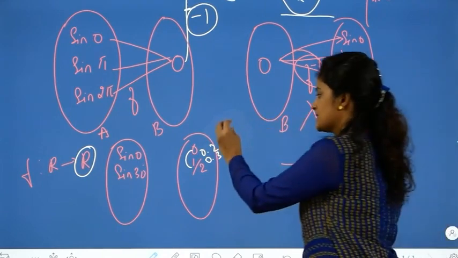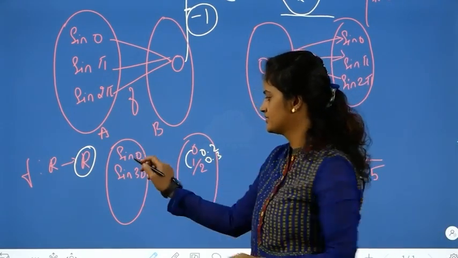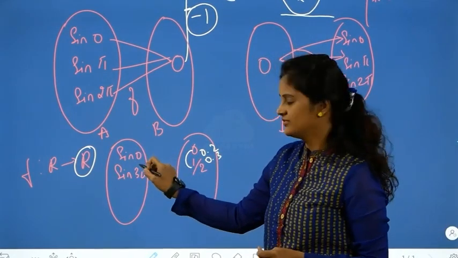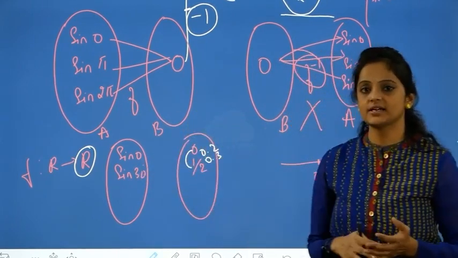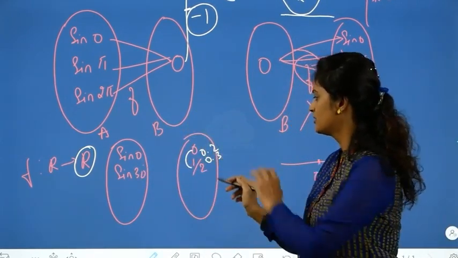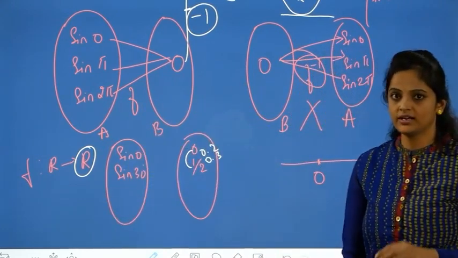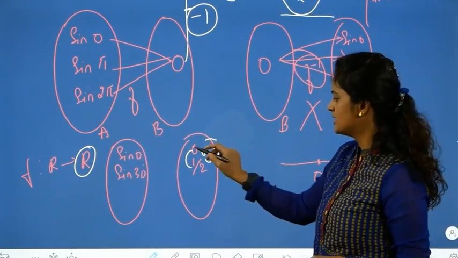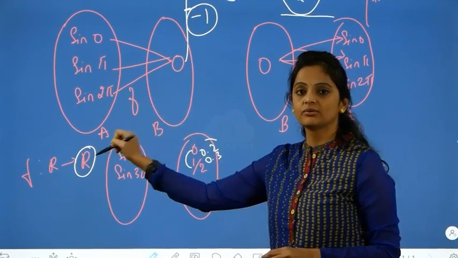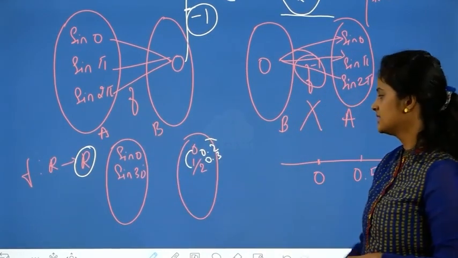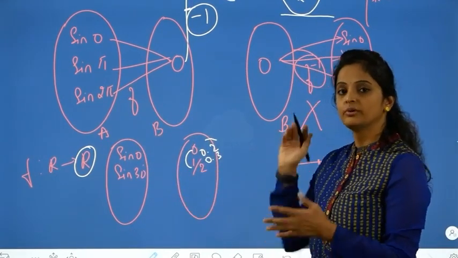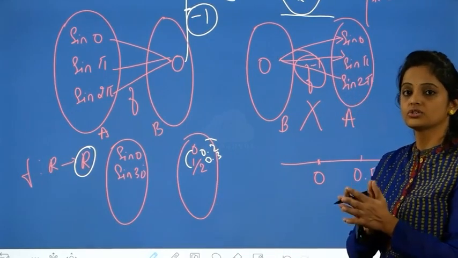So all the numbers are there, and here also we have so many angles. We have 1 degree, 2 degree and 5 degree. But chances are there for some real numbers not to be a part of that. Definitely a few numbers are there which are not related with the set A. That is the reason it is not onto. So to bring that to one-one and onto, what should I do?